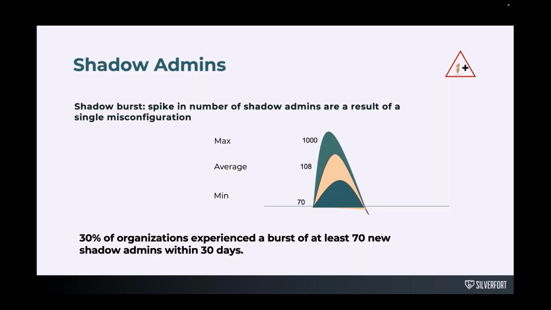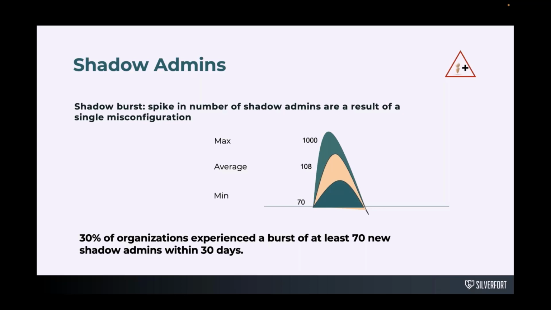And you have to continuously monitor your environment, because at any given moment, someone from the identity team might have mistakenly misconfigured this or that, and boom, you have this spike. Now, in the 30-day time frame that we monitored the organizations we surveyed, several hundreds of them, 30% experienced a burst of at least 7 new shadow admins.